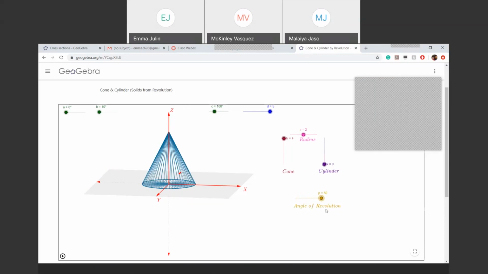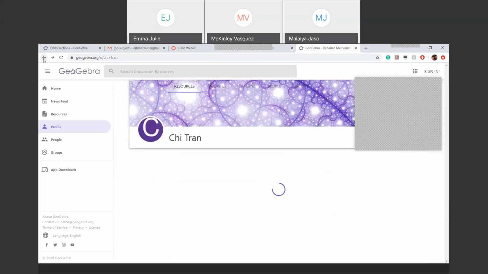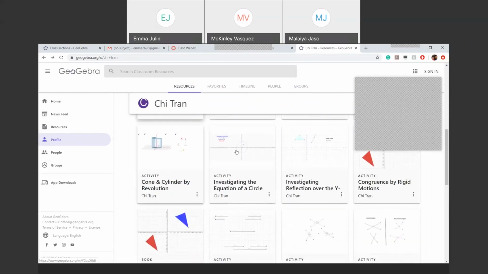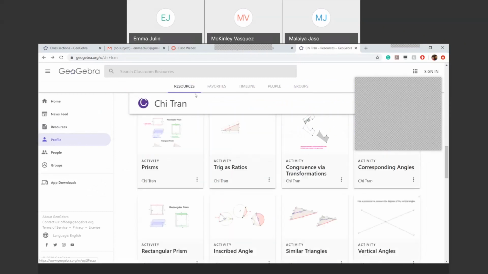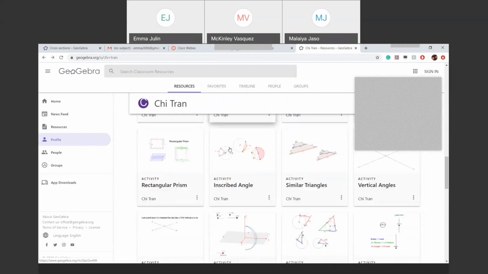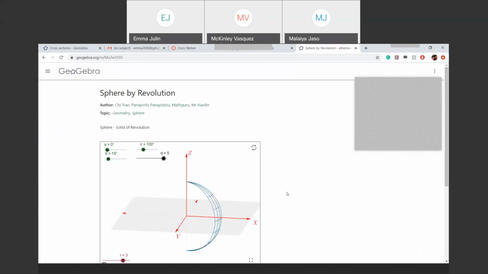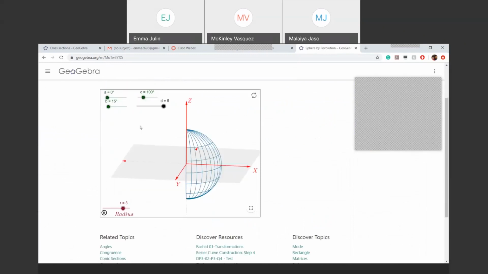Really cool. But revolutions are not exclusive to these two shapes, the cylinder and the cone, we also have it for a sphere. So if I were to look at a sphere, same concept applies.